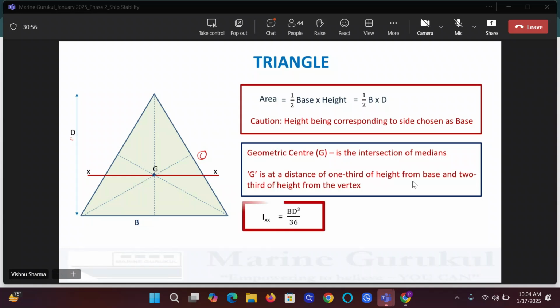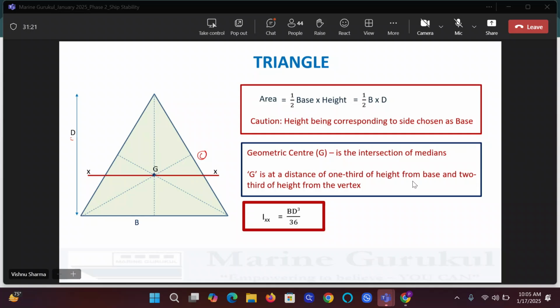This comes by dividing the rectangle into two, so this is not something difficult to understand. It's BD cubed by 36, base into cube of the corresponding height divided by 36. This formula is must. The other two formulae are strongly recommended to be learned. They will make your life easier in the numericals.